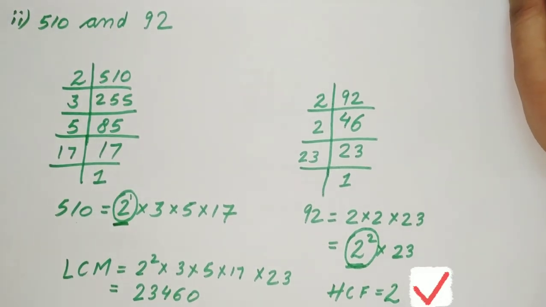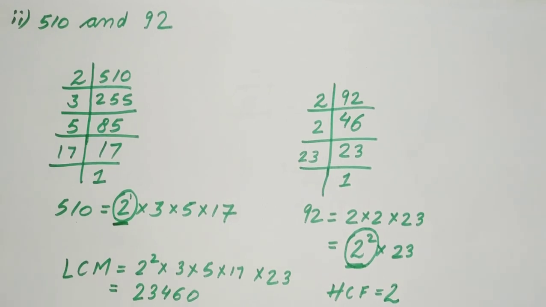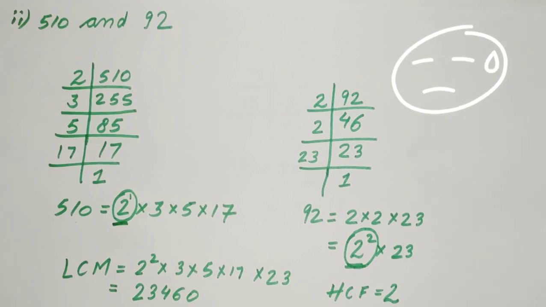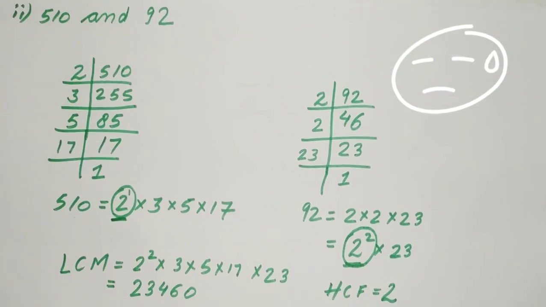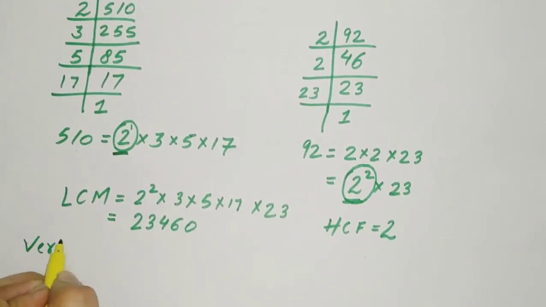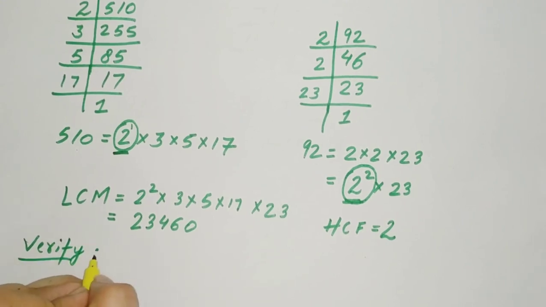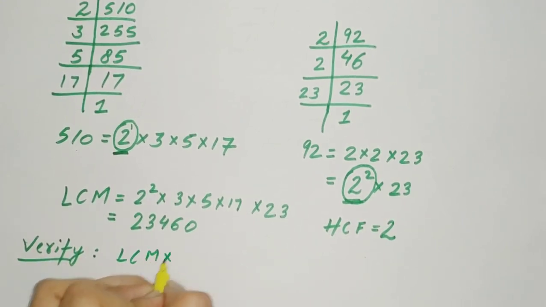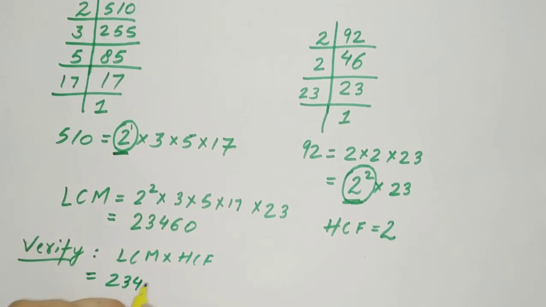So I hope this question is also clear to you, and I have forgotten to verify whether LCM multiply HCF is equal to the product of the two numbers in the first part. So let's try to do it in the second part. Multiply LCM and HCF, 23,460 multiply 2.